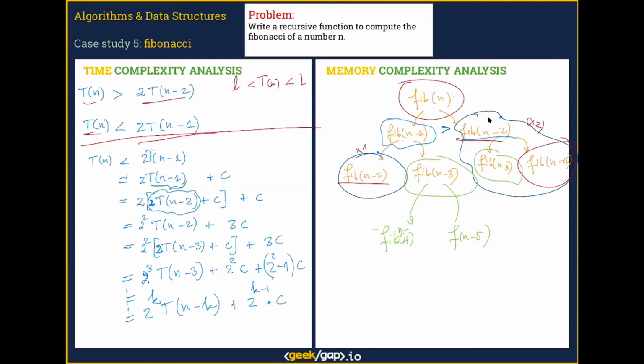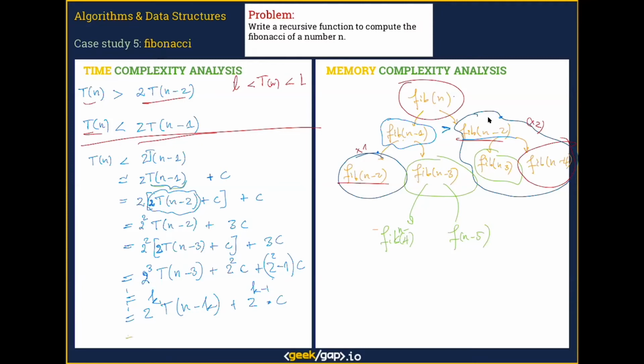Once we have this, we do like we usually do, like we have been doing so far. We say, okay, we are reducing the problem. At some point, we're going to reach a problem of size 0, because here we are reducing by subtraction, not division. So at some point, it's going to be T of 0.